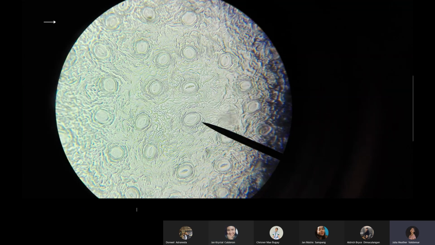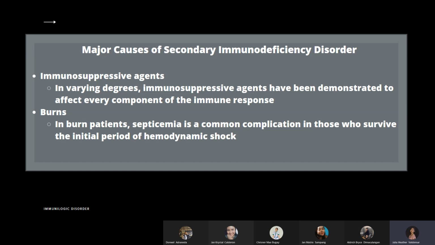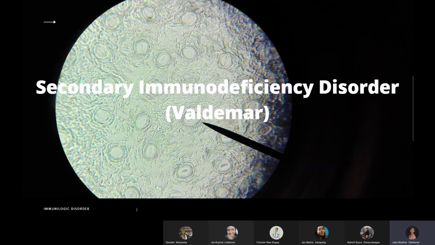If there is a primary immunodeficiency disorder, of course, there is a secondary immunodeficiency disorder. So what is secondary immunodeficiency disorder?